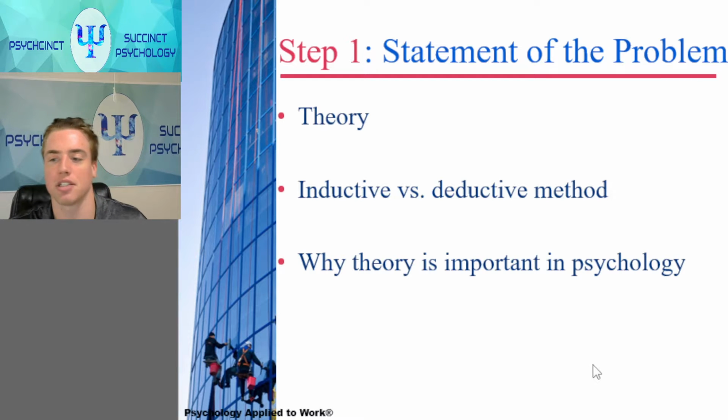So why is theory important in psychology? It's important because it integrates and summarizes large amounts of information and provides a framework for your research. You need to have a framework for your research. You can't just go in blind and come up with it on the fly. I mean, try, but it's probably not going to be very well conducted research if you don't have a basic framework.